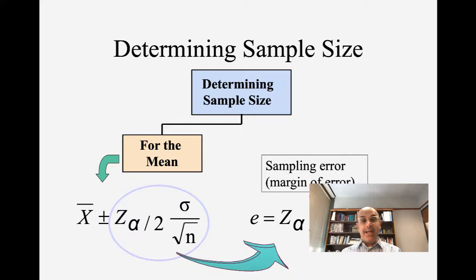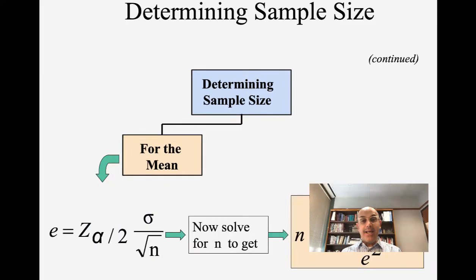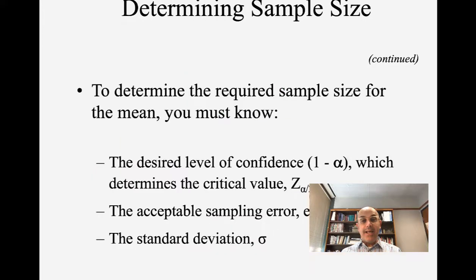We are determining it for the mean, and we are also determining the sampling error, the margin of error, in that equation. So the sampling error for the mean, and how to resolve it to get the n formula, we determine it by the size of the mean.